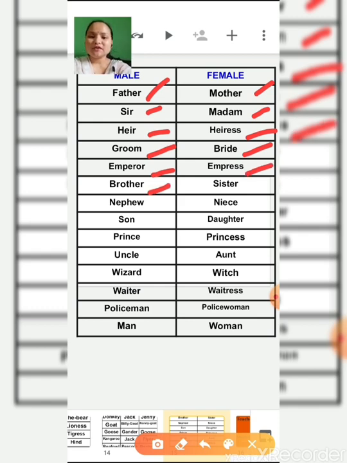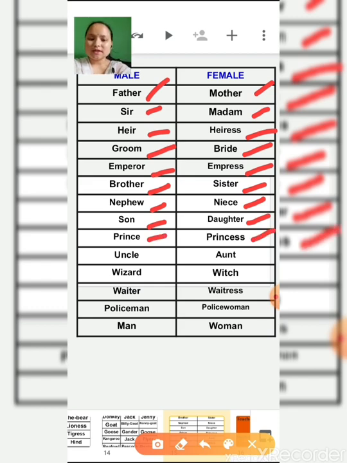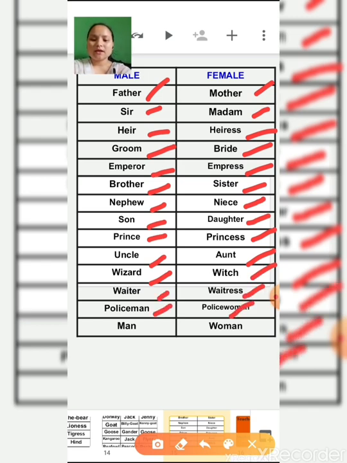Male brother, female will be sister. Then nephew, niece. Son, daughter. Prince, princess. Uncle, aunt. Wizard, witch. Waiter, waitress. Policeman, policewomen. Men, women. So these are some classifications of male and female of human beings.